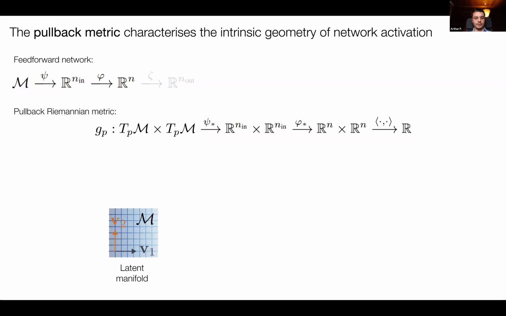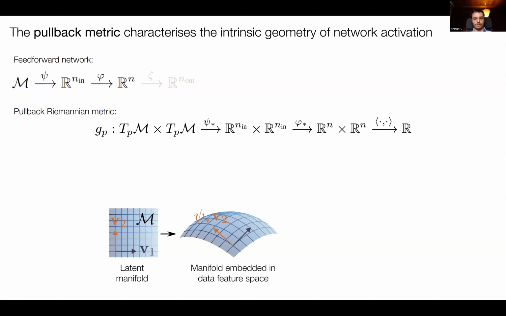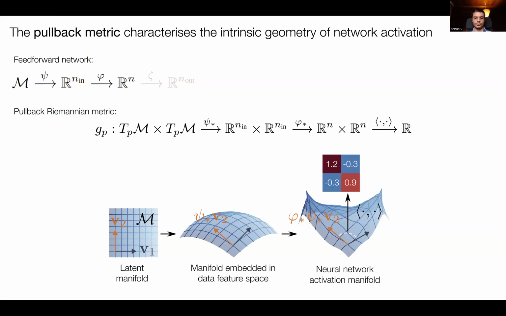So schematically, how does that look? I have my input data manifold M, and I can take two particular tangent vectors, v1 and v2. I can push those tangent vectors to the pixel space, the data feature space, and then push them forward to the network activation space. And at that point, I can just measure their inner product as the Euclidean dot product between them.